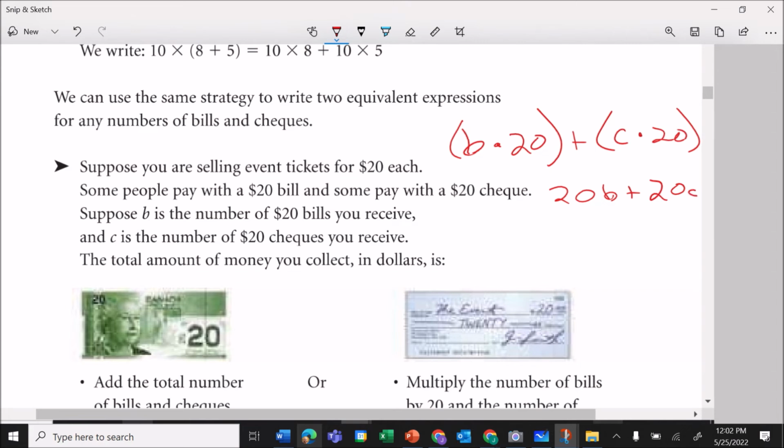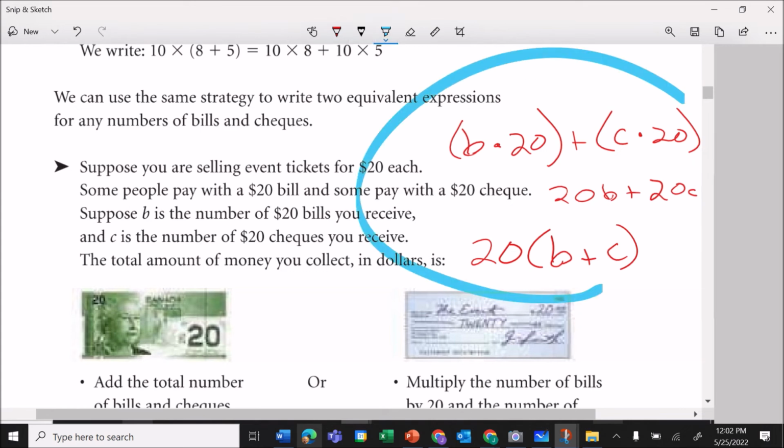But now can you do it with the distributive property? Some of you had 20 times B plus C. These are all working the same. The only difference is the bottom one is using the distributive property. To distribute means to pass on between different people, right? And so you're affecting all equally. So with the distributive property, whatever is outside of the parentheses affects everything.